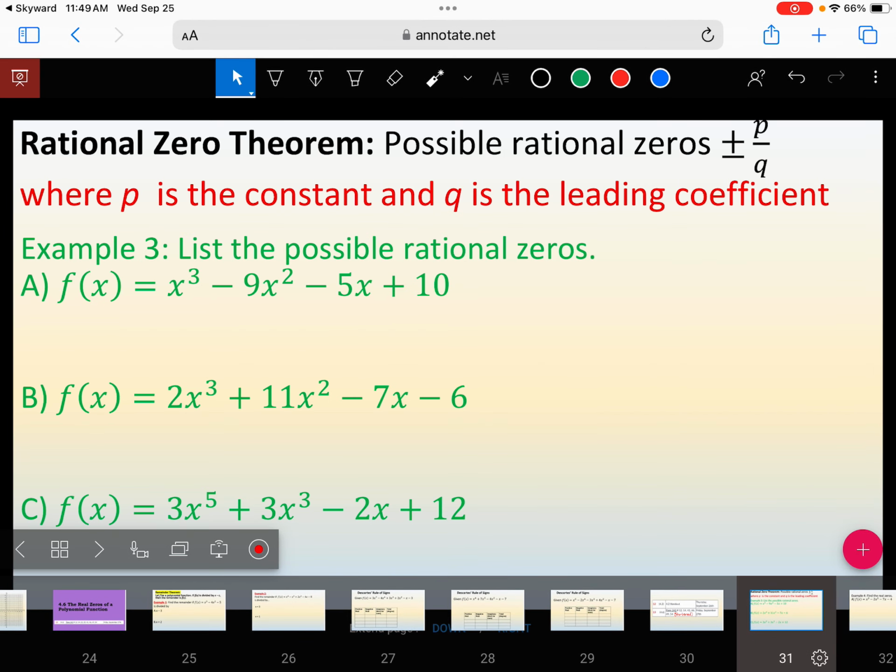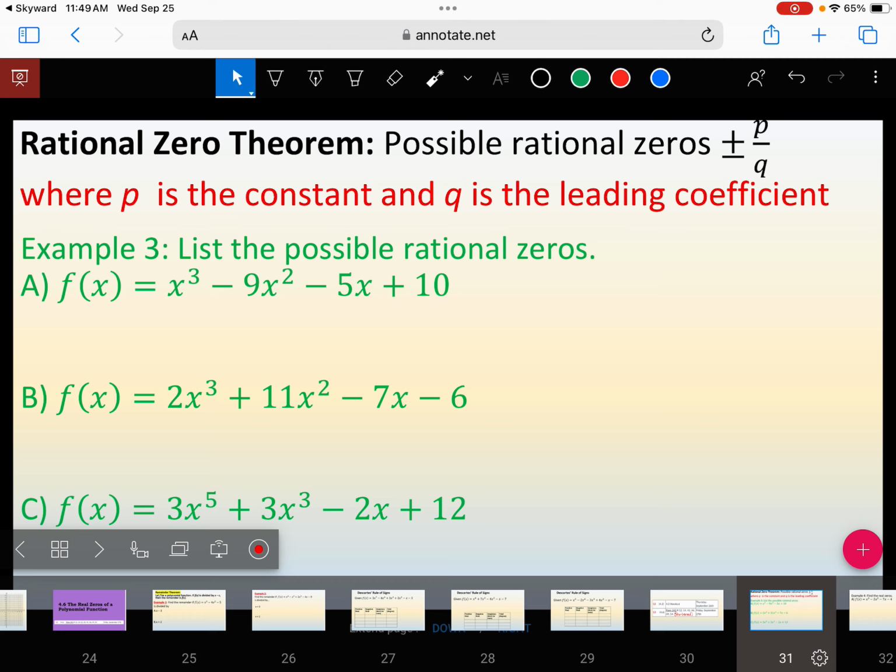Okay. All right, so this is called the possible rational zeros theorem. A couple of questions on the quiz, which you have a week from today, will cover this. You will be given a function and you will have to find all of the solutions and all of the factors.